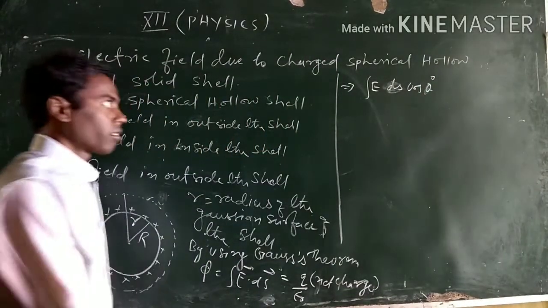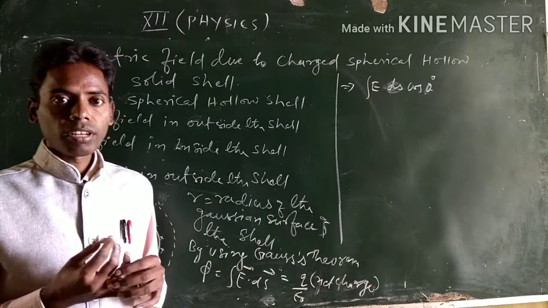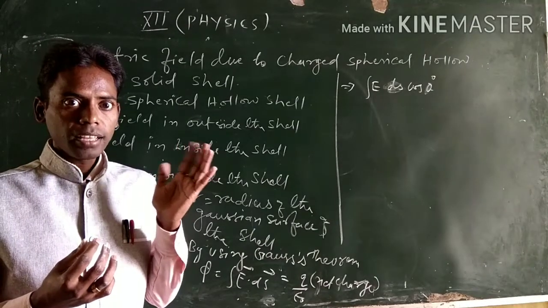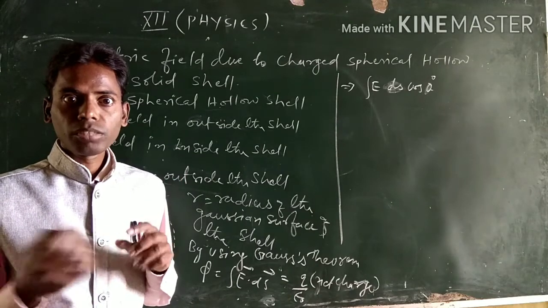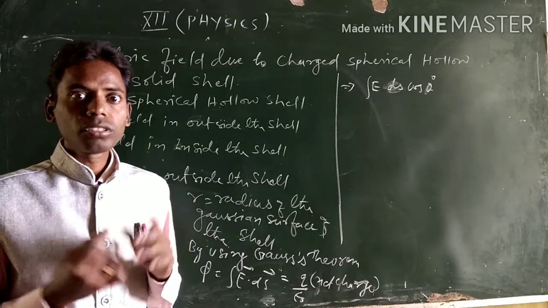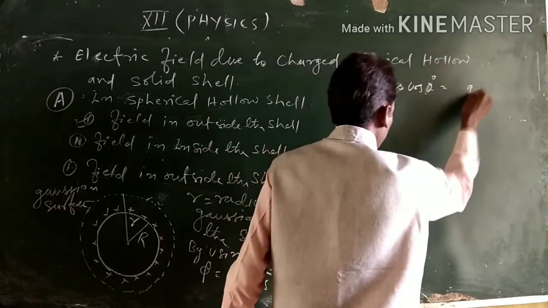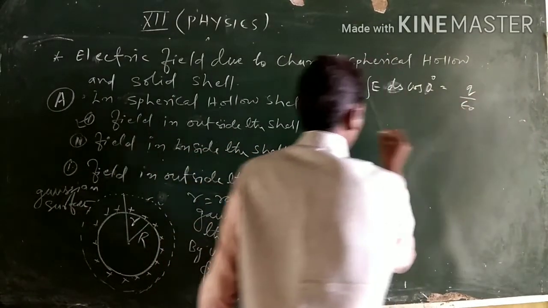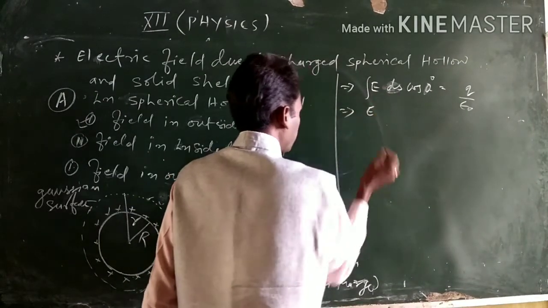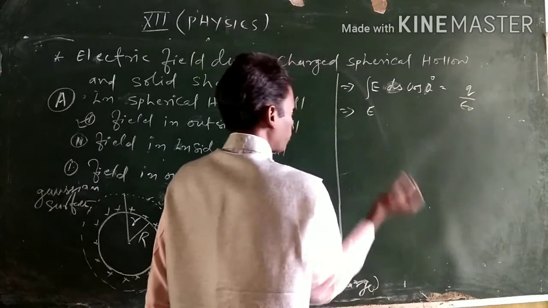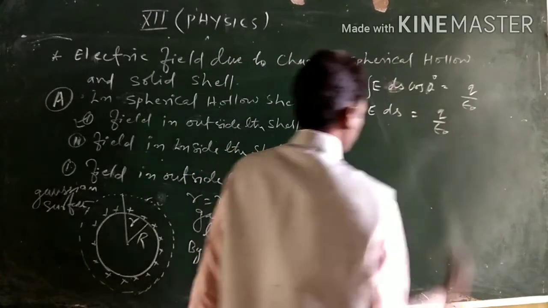I have already told in the electric flux, flux is obtained when the angle between the electric field and the small element is 0, okay, that's cos 0 degree, right, equal to our q, the net charge by epsilon naught. The integration of E ds with cos 0 degree, that means 1, so E ds equals q divided by epsilon naught.